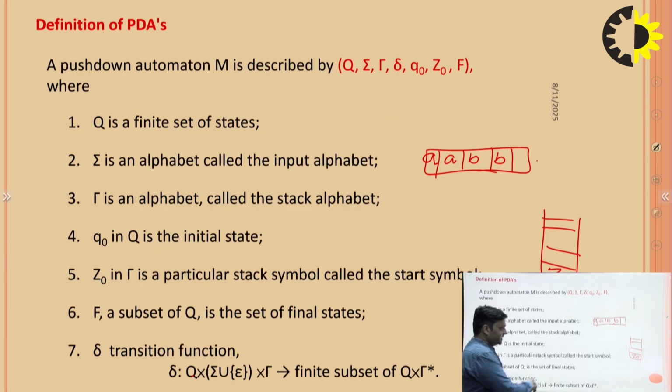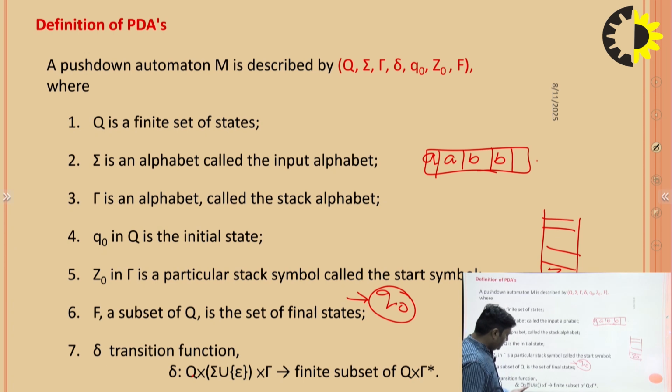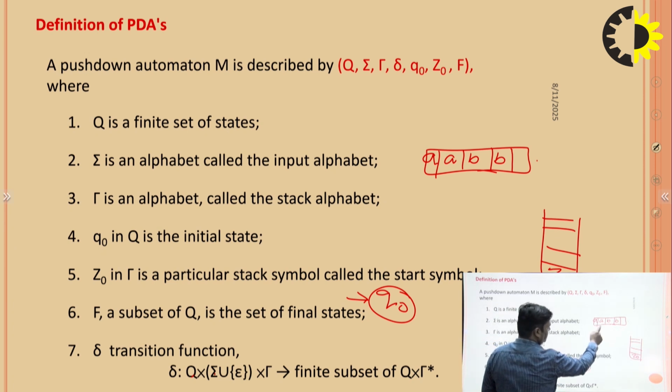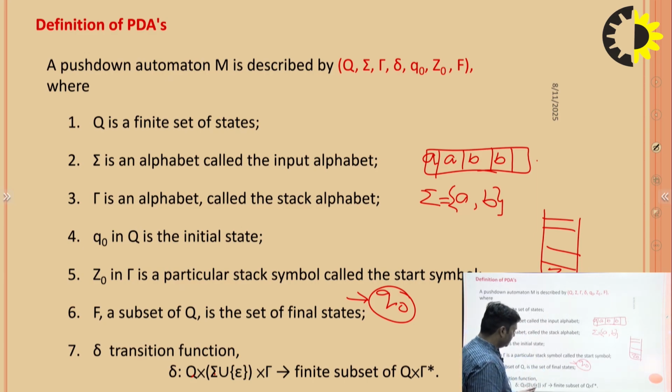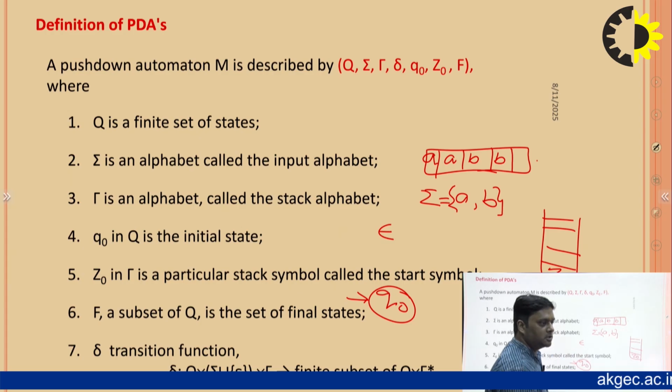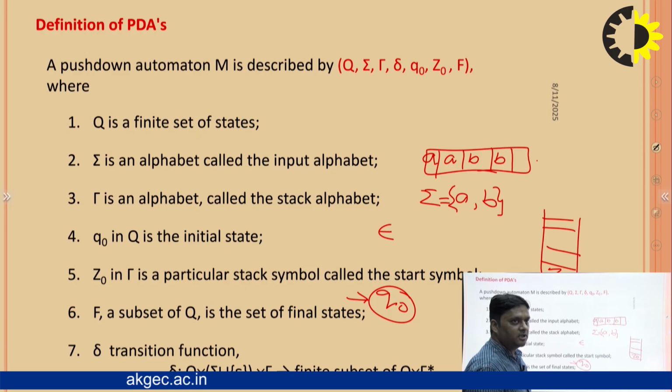When the state is Q naught, then the input symbol, if the input symbol is A and B, this is the input symbol A comma B, and epsilon is used when there is no symbol to insert. Means if there is no input of A and B, then we can move with the help of epsilon without any change.